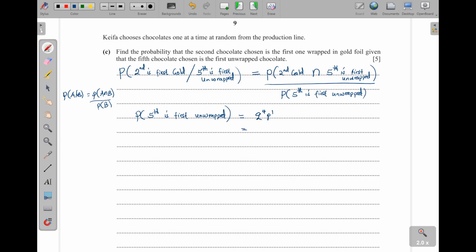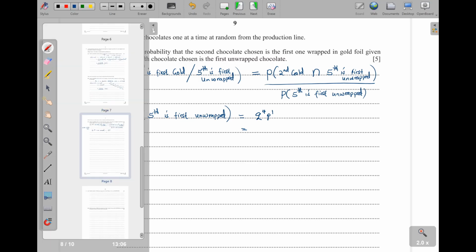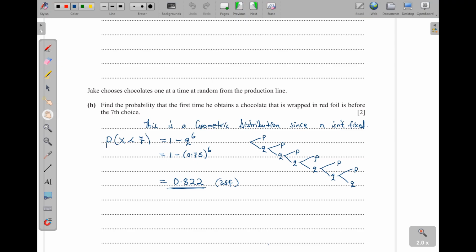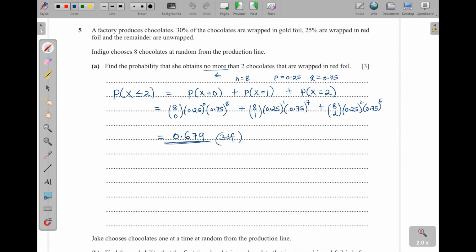And then for the one that is unwrapped, let's check back. They gave us the probability. They said that the remainder is unwrapped. So let's look at what is unwrapped. This one is 30%, then 25%. That will be 55%, which means this one will be 45%. So our P here is 0.45 for the unwrapped.